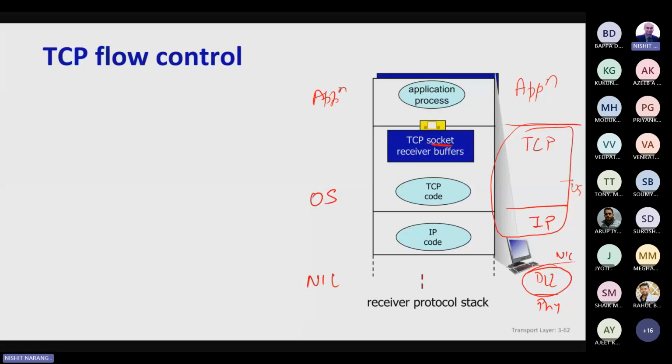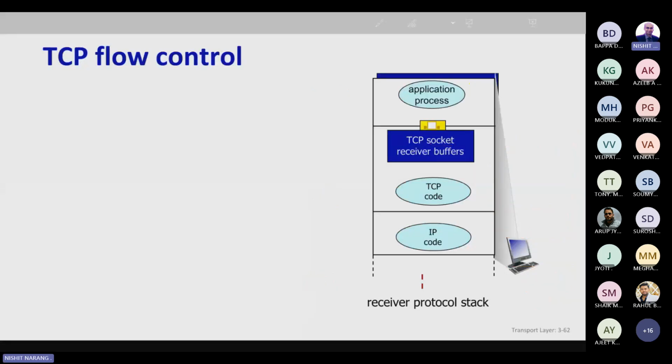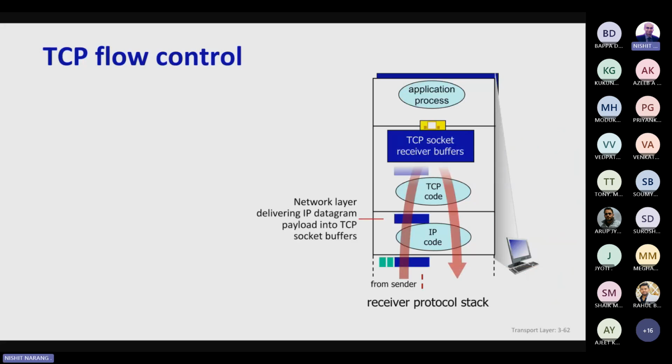Let me use the animation over here too. Some data is coming from the sender over the network. What will happen? The network interface card will give it to the operating system. The OS IP code will pass it on to the TCP code. TCP will put it into the socket buffer.